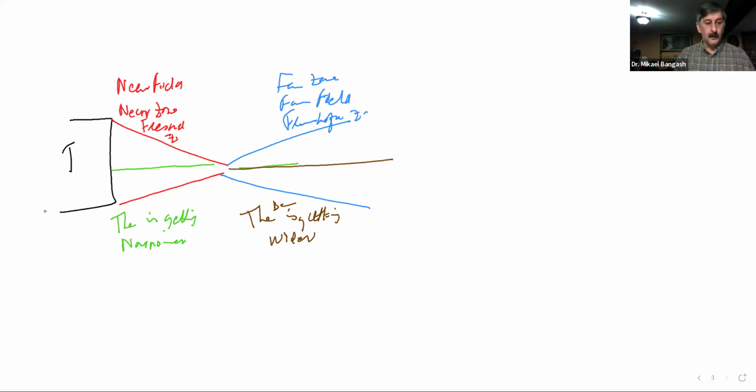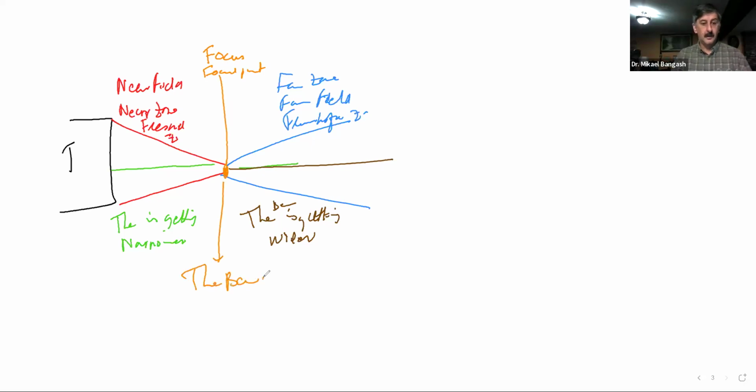And in the entire course of the beam, what did we have? There was a point where the beam was at its narrowest. We call that the focus, or we call that the focal point. And what do we have at the focus or the focal point?